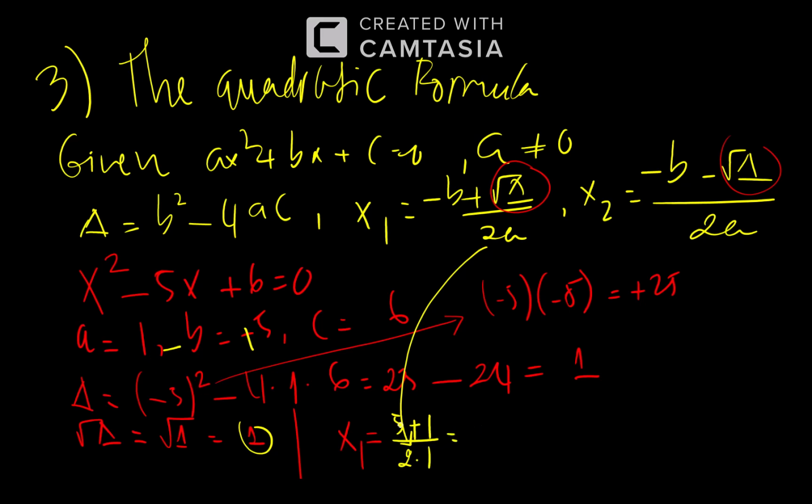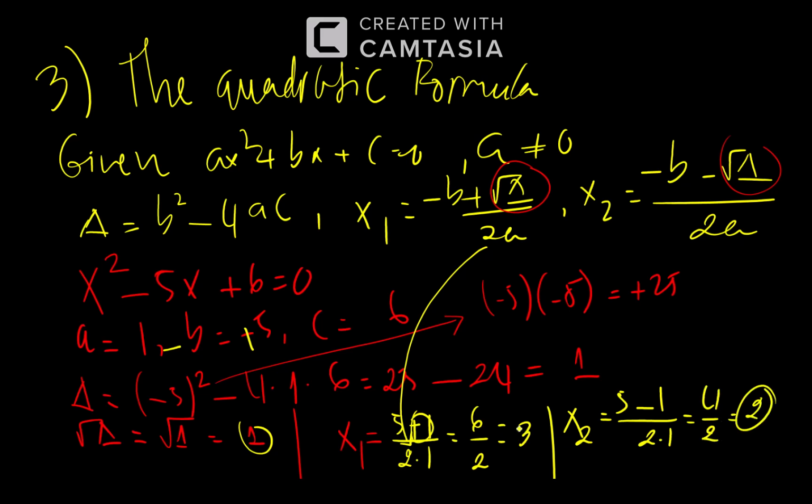So 5 plus 1 equals 6, and 2 times 1 equals 2, and 6 divided by 2 equals 3. This is the value of x1. For x2 we just change the sign. So 5 minus 1 over 2 times 1 equals 4 divided by 2 equals 2. So our value of x1 equals 3 and x2 equals 2.